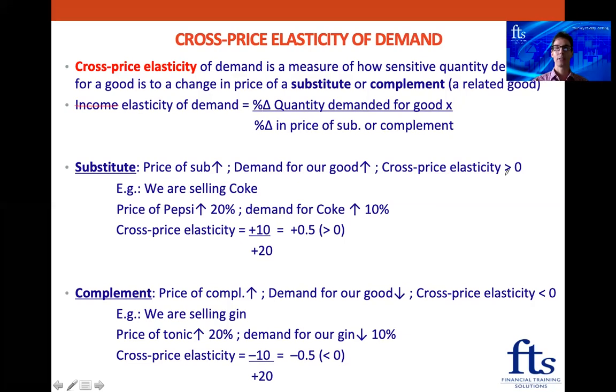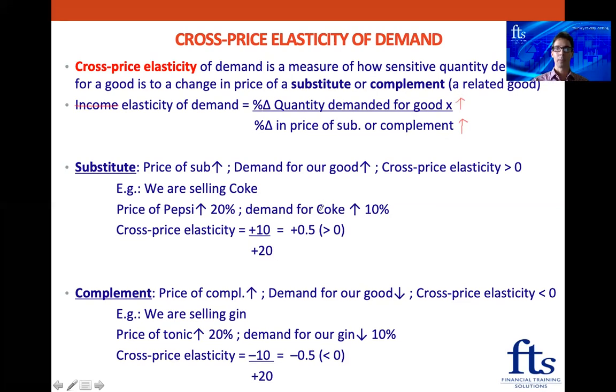So let's try this example and we'll see why. Let's say we are selling Coke and the price of Pepsi goes up 10%. So Pepsi is a substitute for Coke. It competes with Coke. So we've got the price of the substitute going up here in the denominator. And the demand for our good, the Coke, is going up as well.